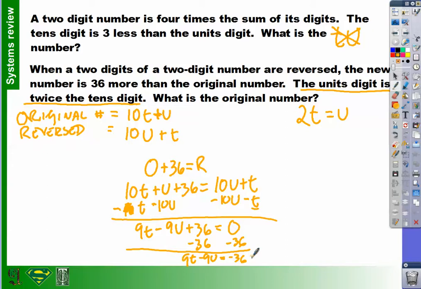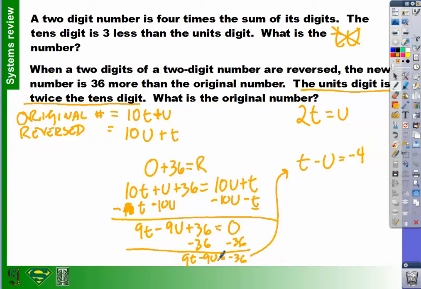So when I divide everything by 9, I'm going to end up with t minus u is equal to negative 4. Most people would probably end up at 9t minus 9u is equal to negative 36. But what do you notice about 9t, negative 9u, and negative 36? They all can be divided by 9. So here's my simplest form.